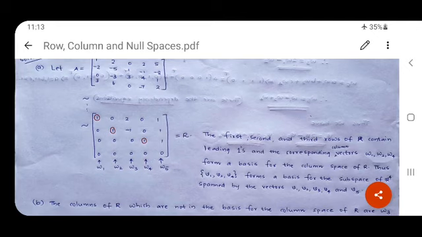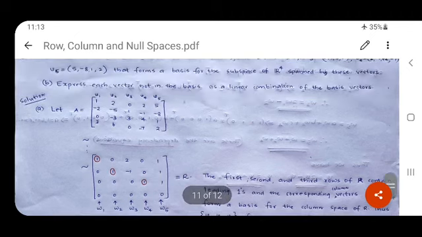Observe that w1 has a leading 1 at column 1, w2 has a leading 1 at column 2, and w4 has a leading 1 at column 4. So the corresponding first, second and fourth columns of A form a basis for the subspace spanned by these vectors.